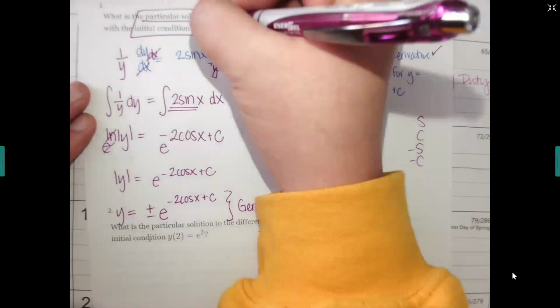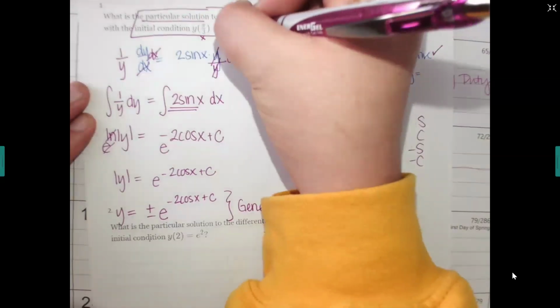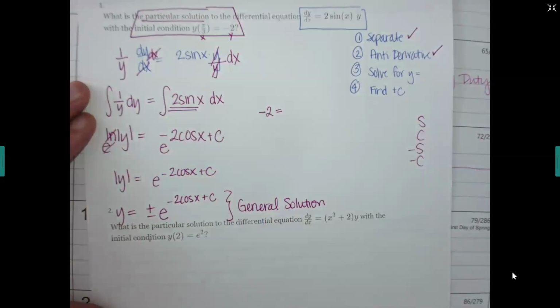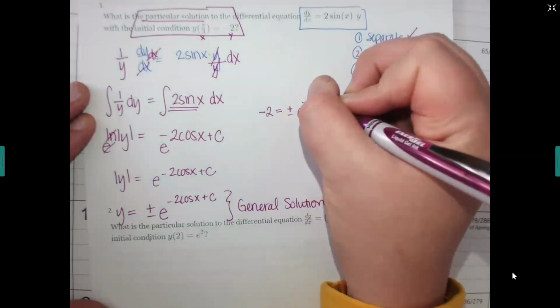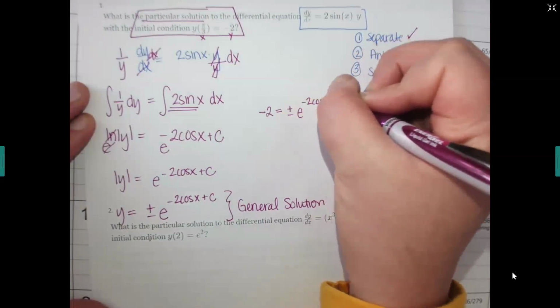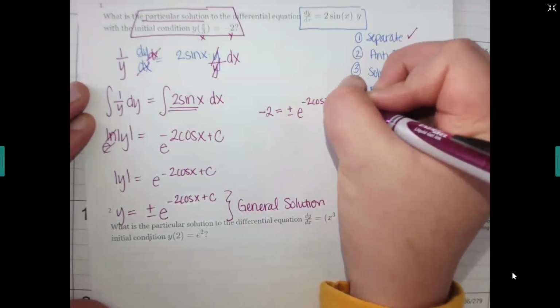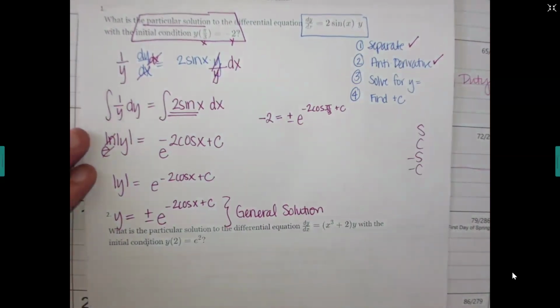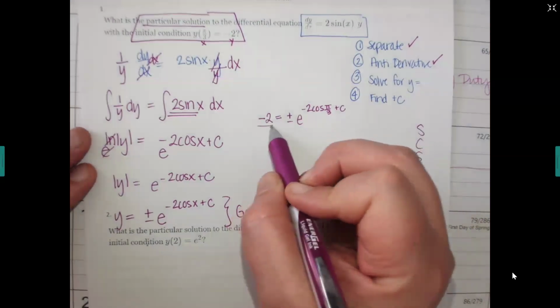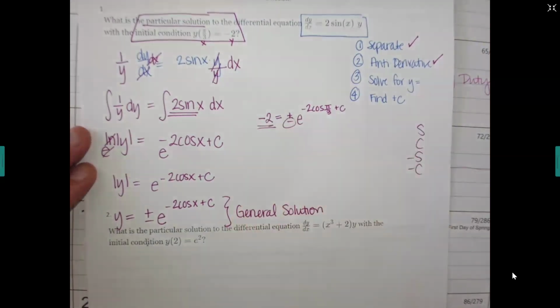So this is the x, this is the y. So -2 is the answer on plus or minus e to the -2 cosine pi thirds plus c. First question, am I going to pick the plus or the minus to match the y value that they gave me? This is a -2, then I want to pick the minus as well.